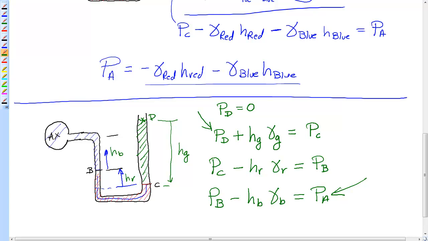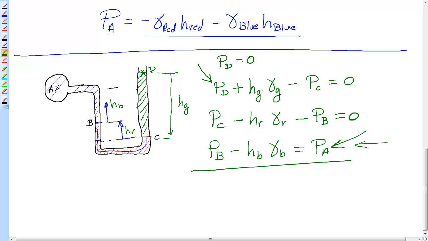Everything except this equation, the last equation, you can simply go through and move the pressures on the other side of the equation and set them equal to 0. Add them all up. Now what you've done is you've gone from one interface through the same fluid to another interface.